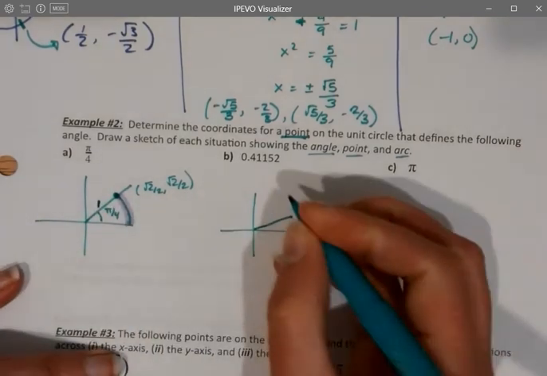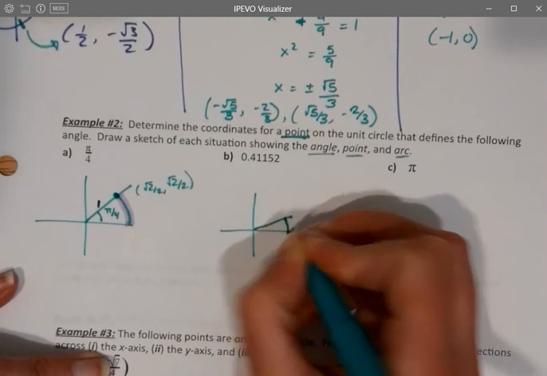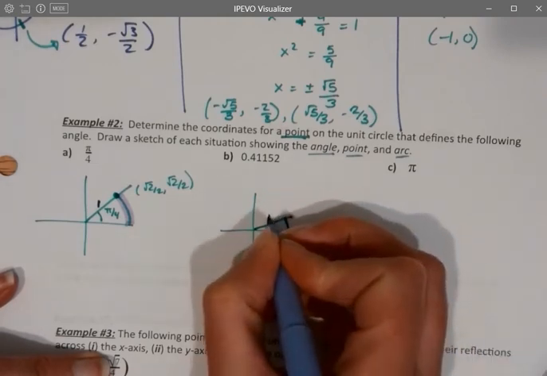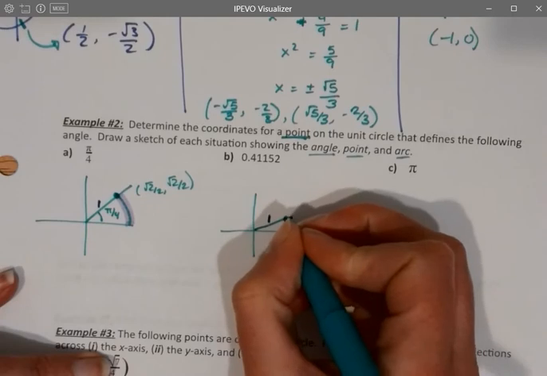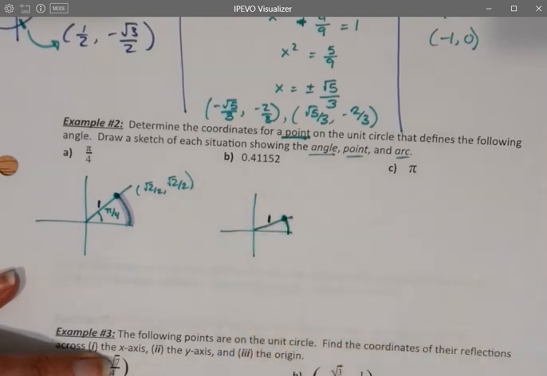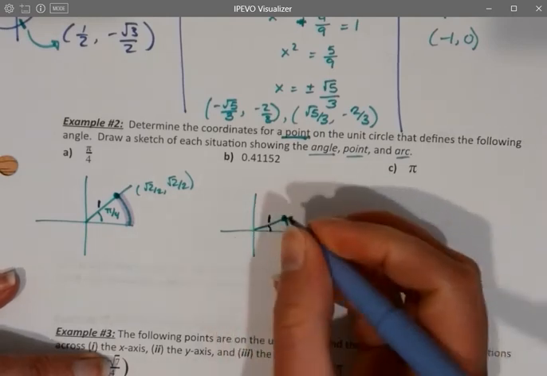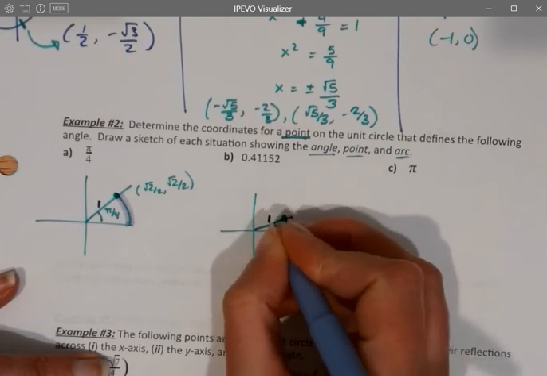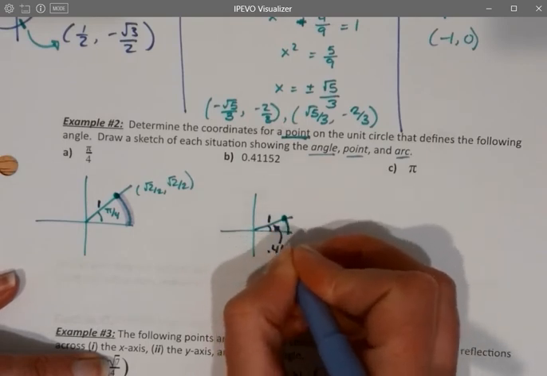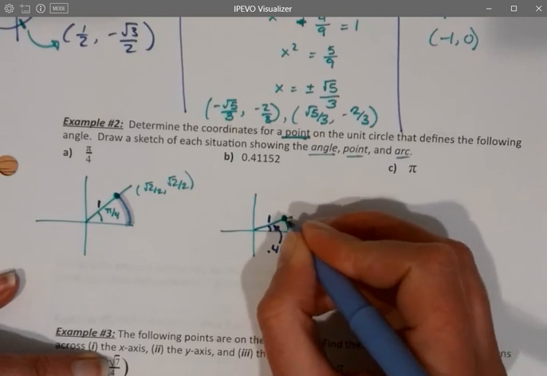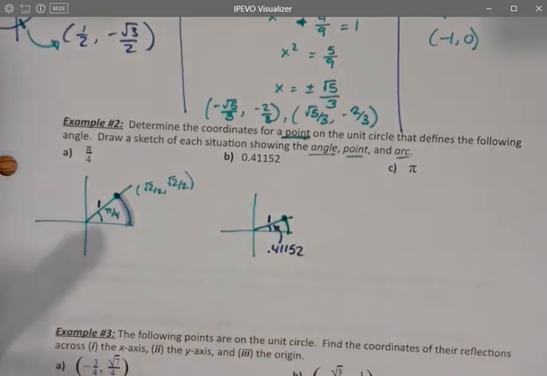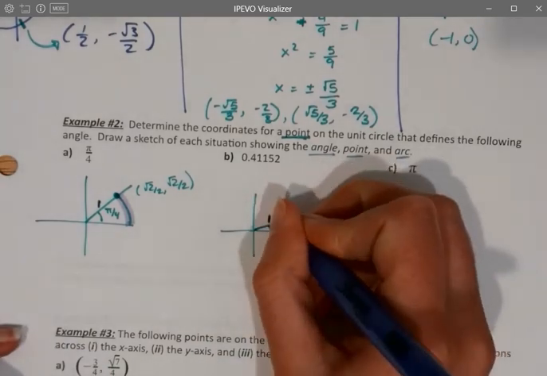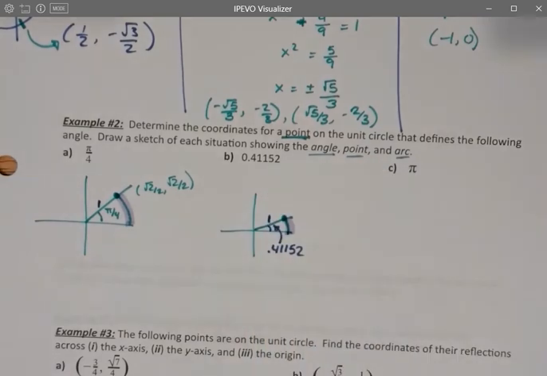So I'm going to draw an arc of a circle where up to the arc is 1, and then the angle here, I'm going to arrow it in, is 0.41152, and that arc length right there as well is also a distance arc length of 0.41152.